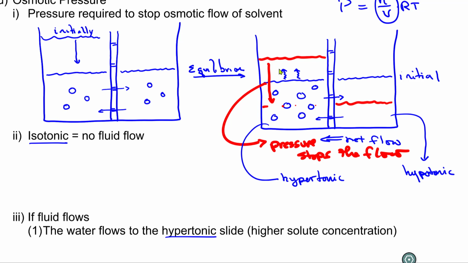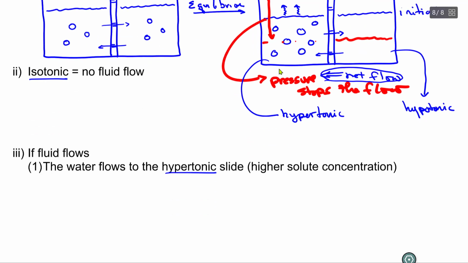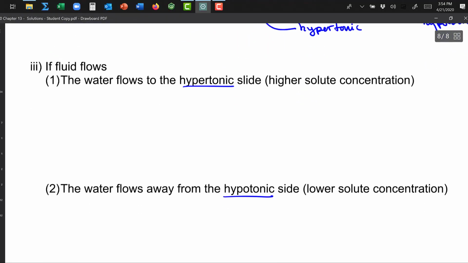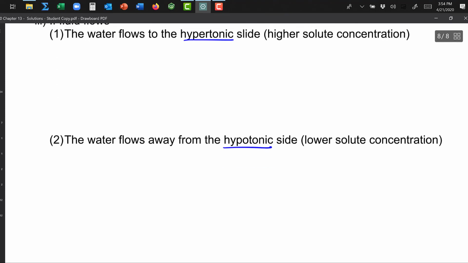There's not a net flow like I've shown over here. So that would be isotonic when there's no net fluid flow. And fluid flow always goes from the hypotonic to the hypertonic side, trying to lower the solute concentration.